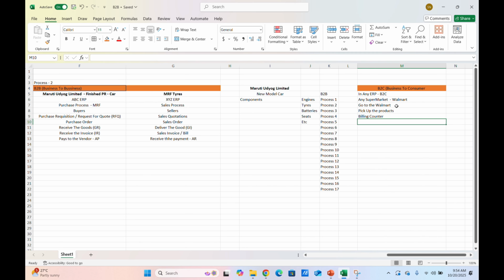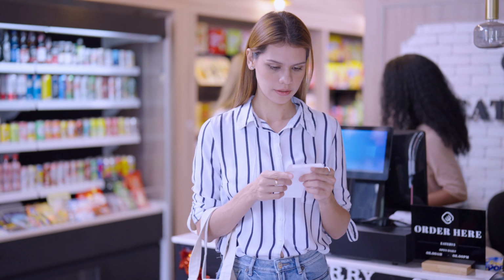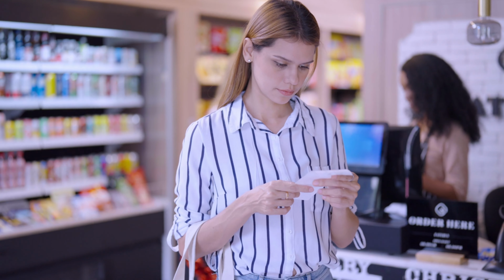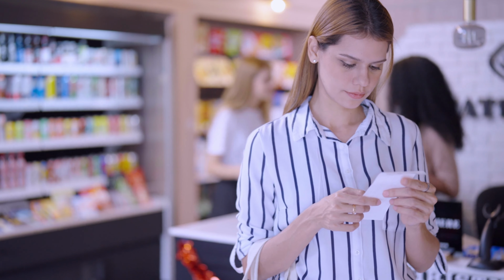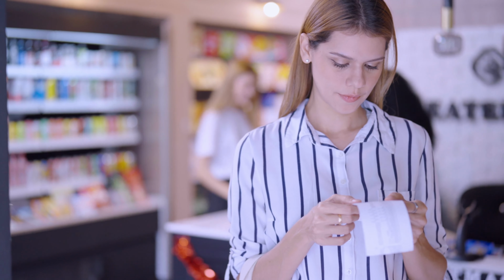At the billing counter, the billing person captures the barcode with the scanner.